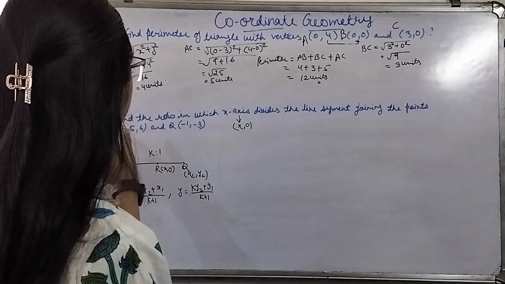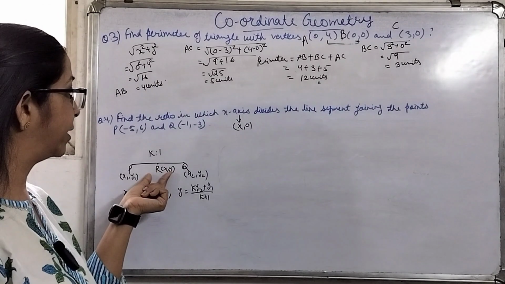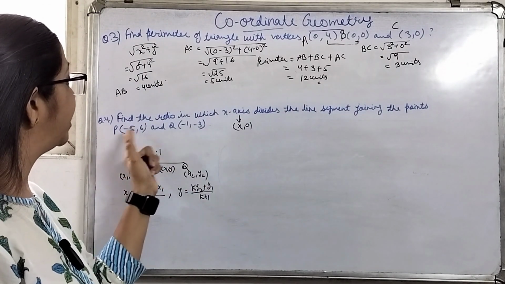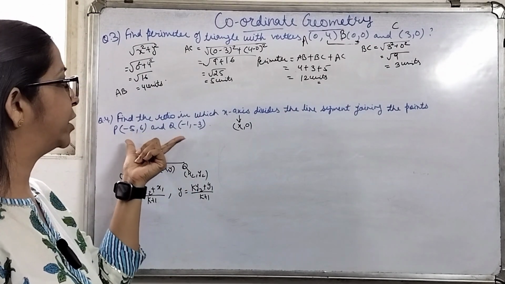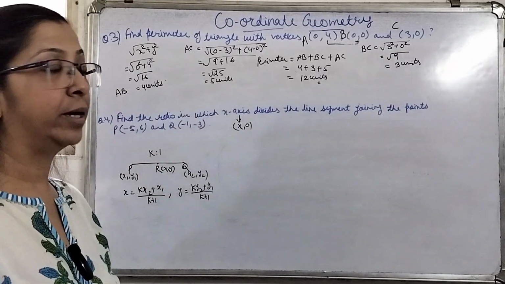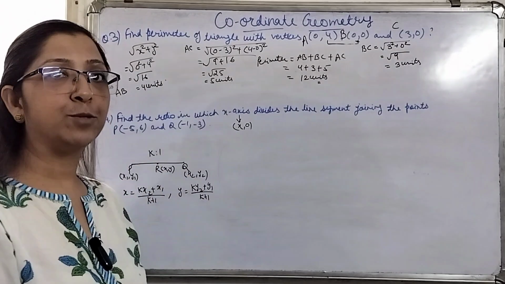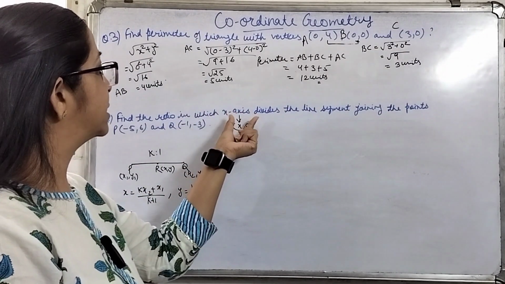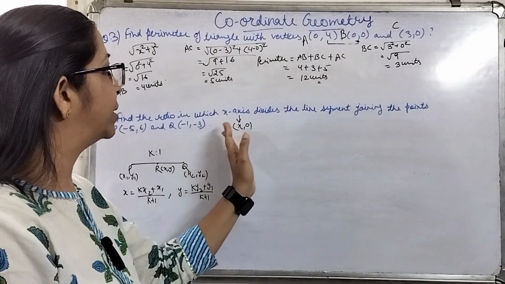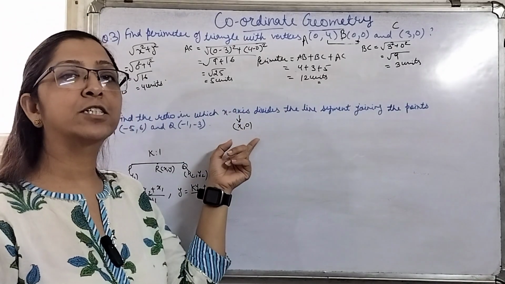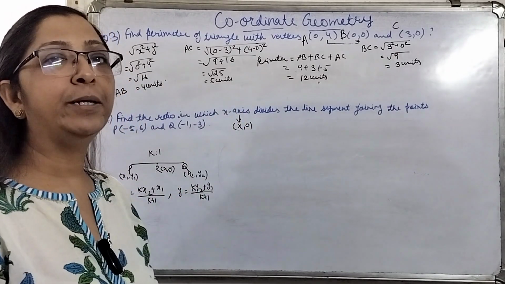Now we are assuming that there is a point R which is dividing the line segment PQ in the ratio k:1, and we have to find the coordinates of this point. It is also given that it is lying on the x-axis, which simply means the coordinates of that point will be (x, 0). The y-coordinate will be 0.